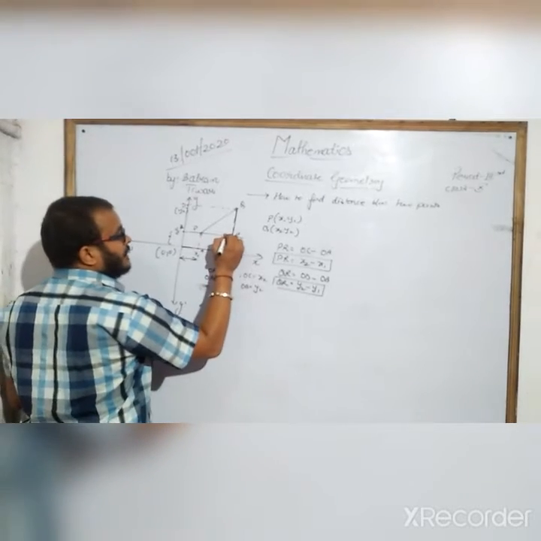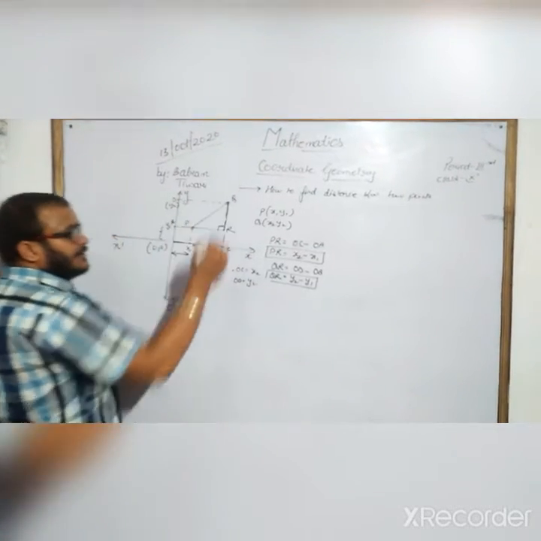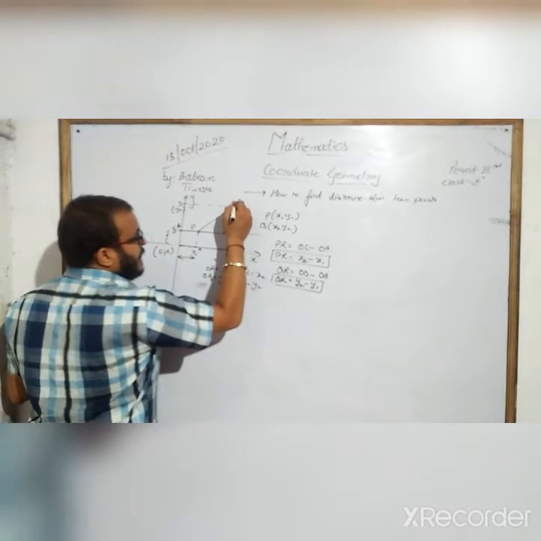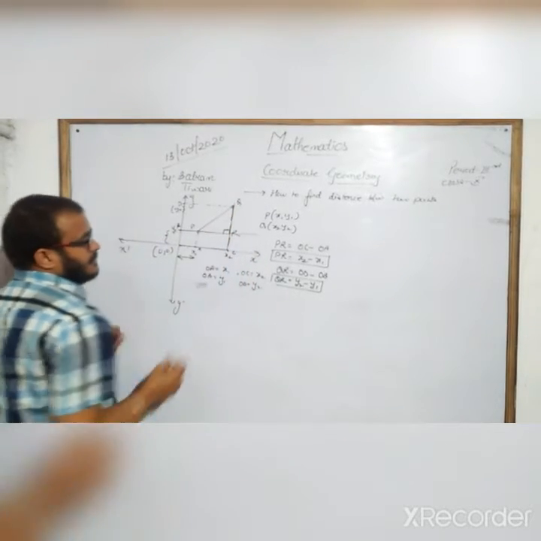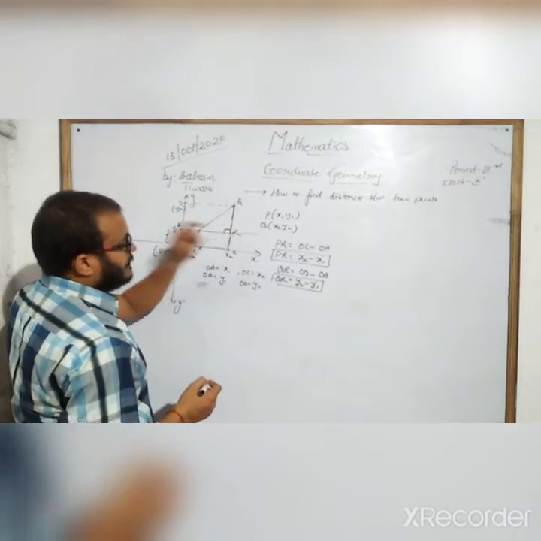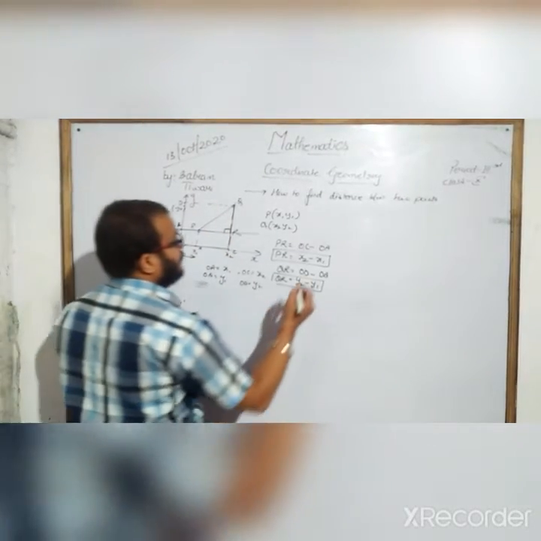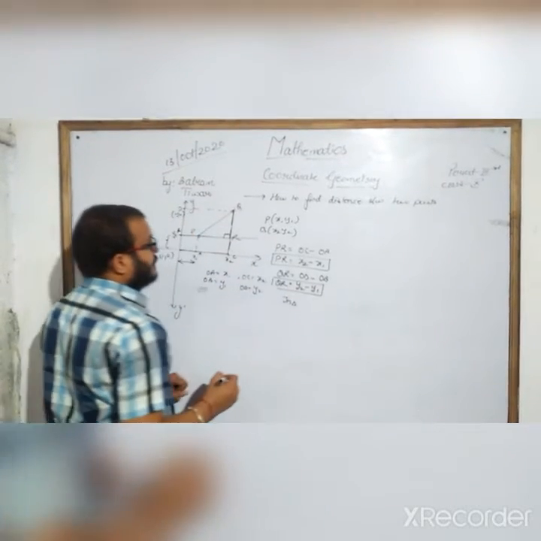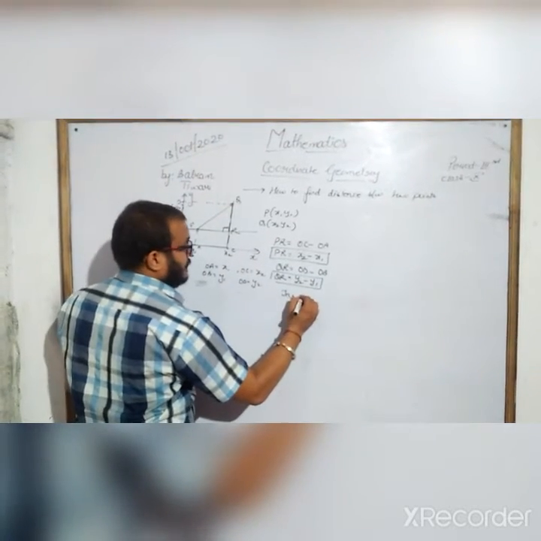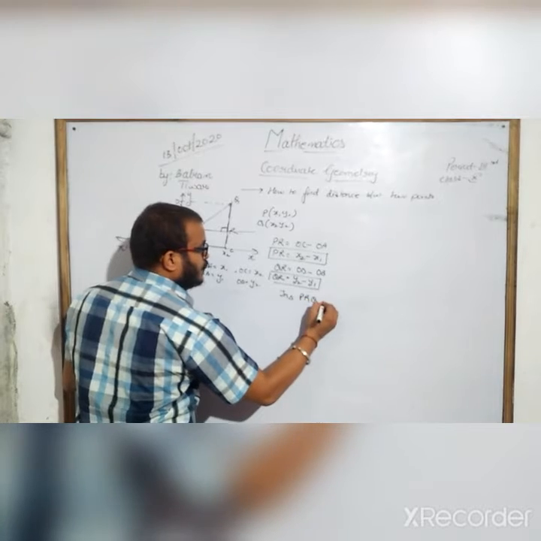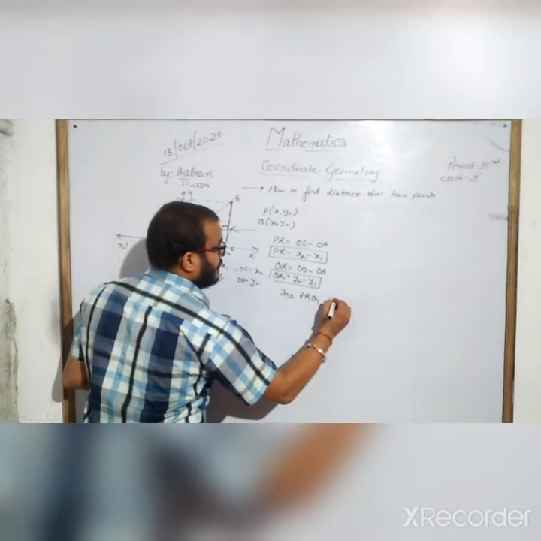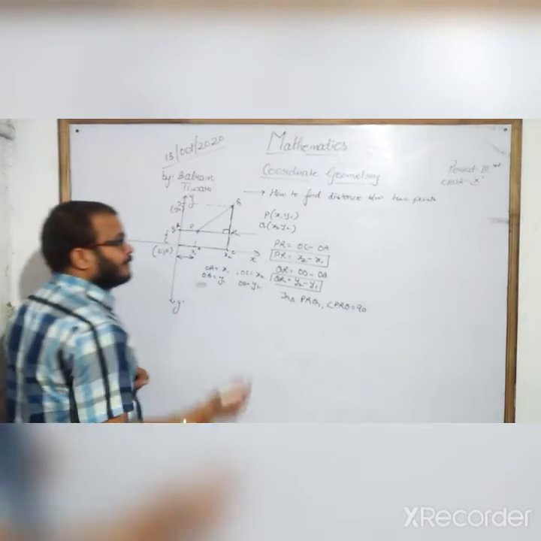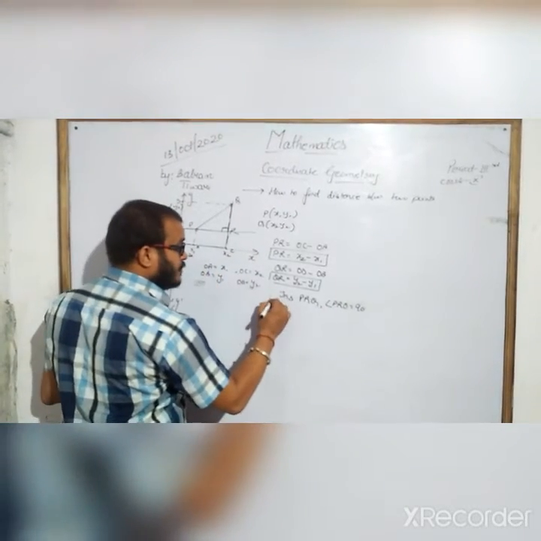Angle R is 90 degrees, because this is the x-axis and this is the y-axis, and these two lines intersect at a right angle. So in triangle PRQ, angle PRQ is 90 degrees. Can we apply the Pythagoras theorem?